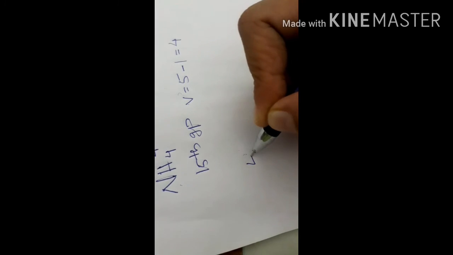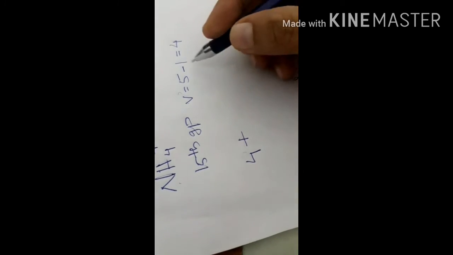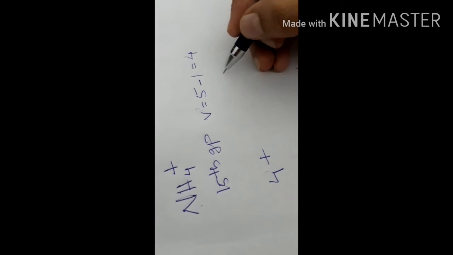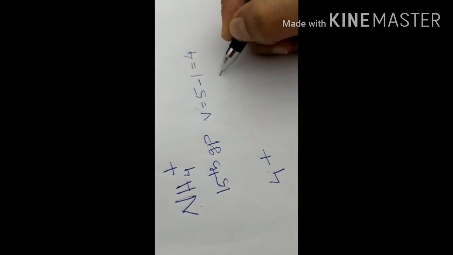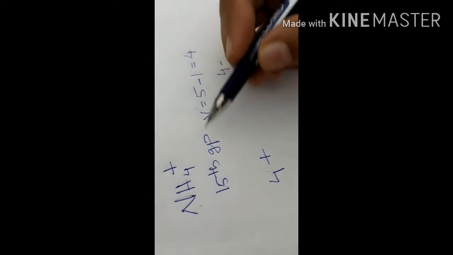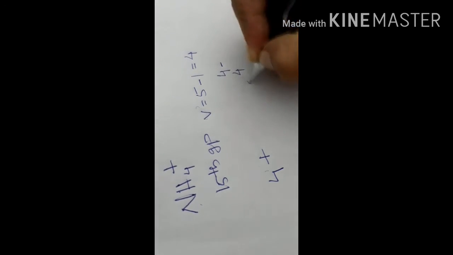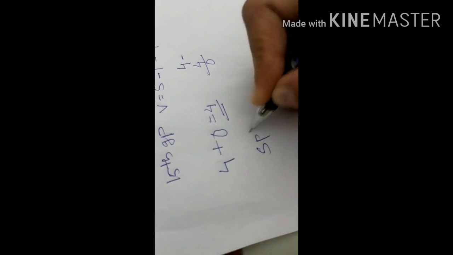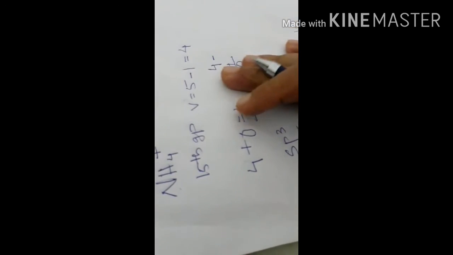The number of atoms attached is 4. 4 plus the number of lone pairs, which can be found as follows. First we take the valency 4 minus the number of atoms attached, which is 4. 4 minus 4 is equal to 0. Here the number of lone pairs is equal to 0, so the total is 4. 4 means sp3 hybridization. In all these cases, we find out the hybridization without knowing the molecule's shape.